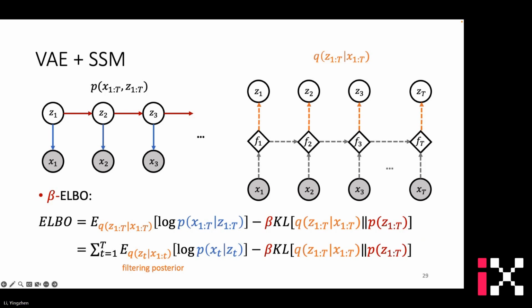If you look at this particular equation, the only way you're going to learn your prior dynamic model, which is your P model, is via this KL term. So if you don't set this beta term to be quite significant to encourage you to minimize this KL, then your prior has no chance to actually learn the underlying dynamics. So this beta term becomes even more important when you do stochastic latent variable models.